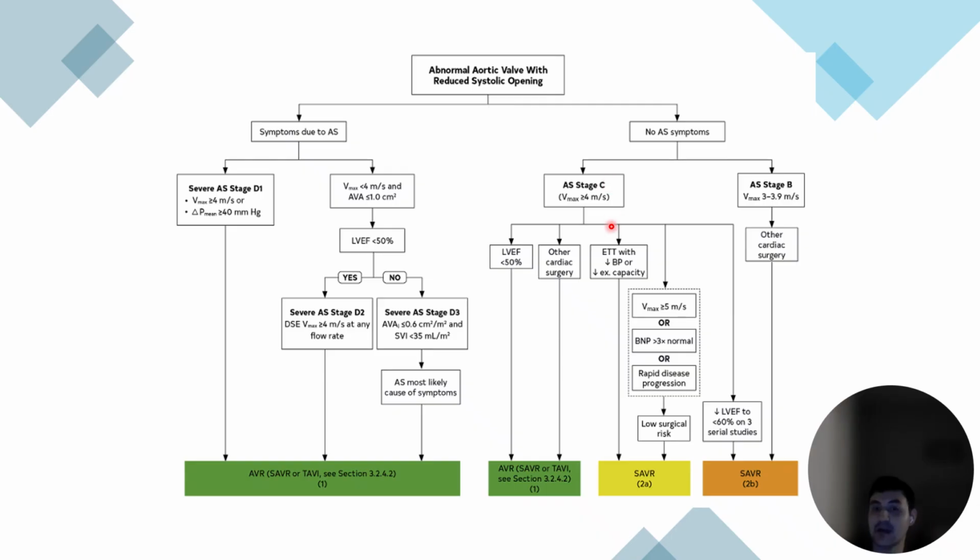If you have C1 with symptoms and the patient is low surgical risk, you may consider a replacement. We're going to review what SAVR is and what TAVR is later on. There's also a 2A recommendation: more than 50, very severe, the BNP is more than 3 times normal, rapid disease progression, a decrease of more than 0.3 meters per second, and low surgical risk, is a 2A recommendation.